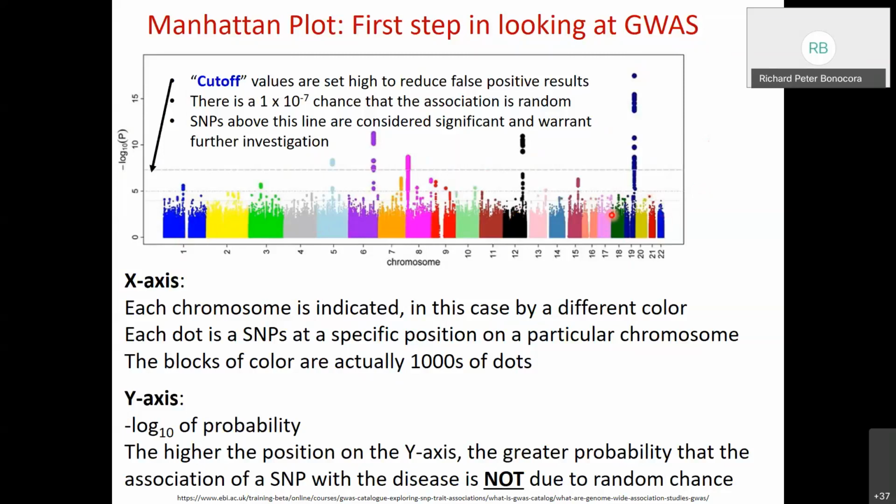You see all these blocks, and so somebody who is trying to understand what genes are involved in this disease would say, I have 1, 2, 3, 4, 5 regions that are highly significant.